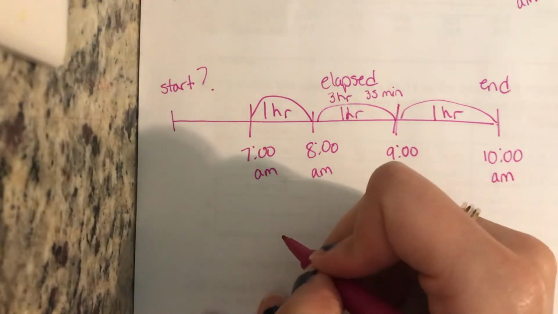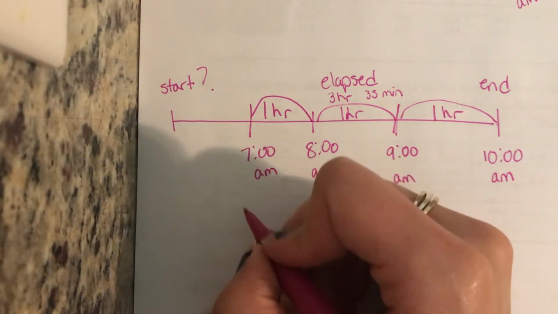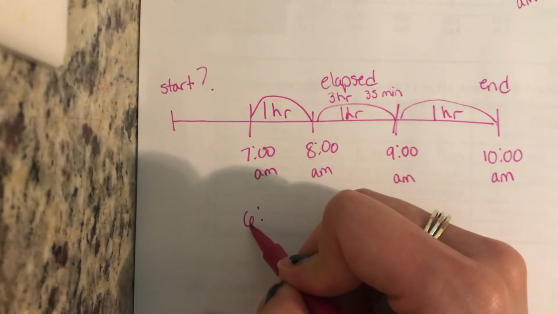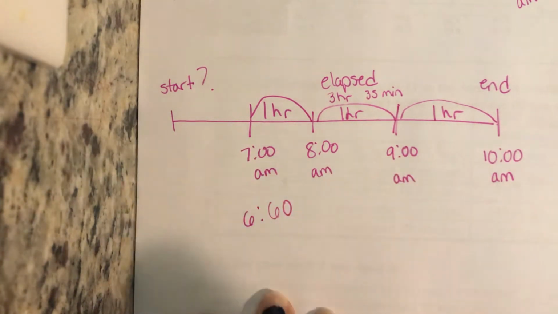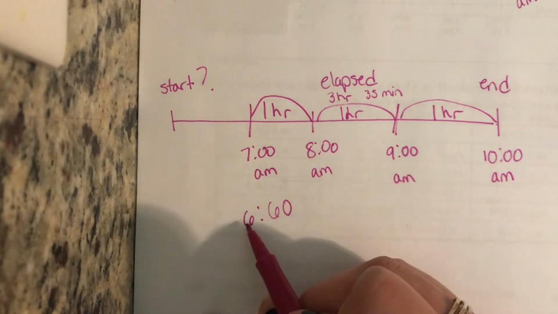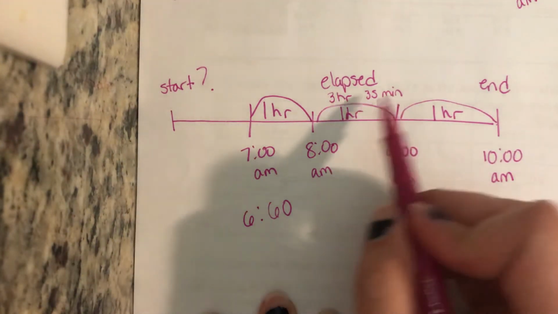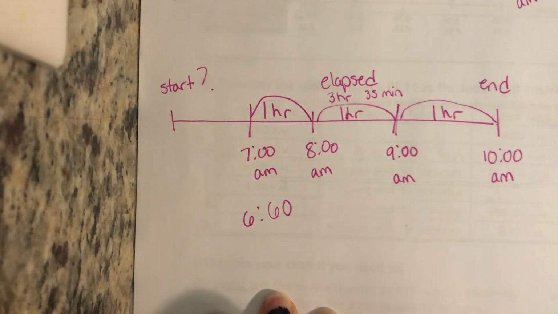I know that there are 60 minutes in an hour. So I'm going to take away one of my hours. So 7 take away 1 is 6. And I'm going to put 60 minutes in my minutes place now. I've just traded that 1 hour to be 60 minutes because I need to count backwards 35 minutes.